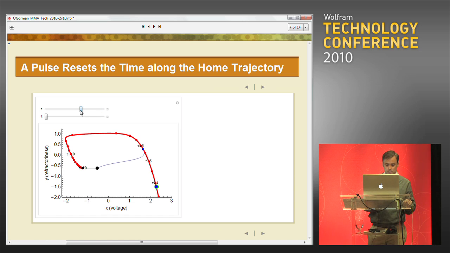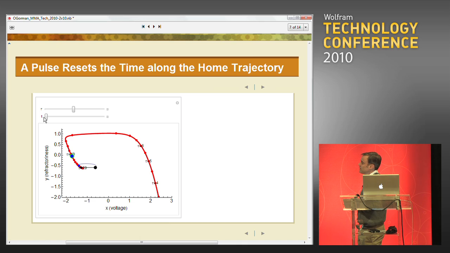You can consider other initial values of tau. For example, let's say your tau is not far enough advanced so you're really close to rest, and instead you're at a slightly earlier value of tau, but not too much earlier. Y is sufficiently big to suppress the large response, but you still get a little time resetting.